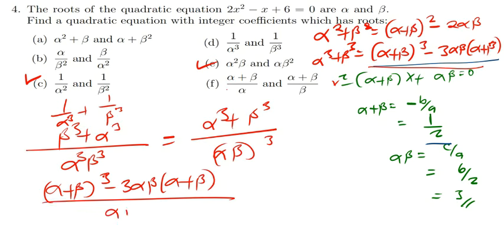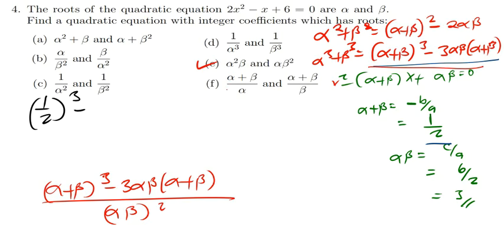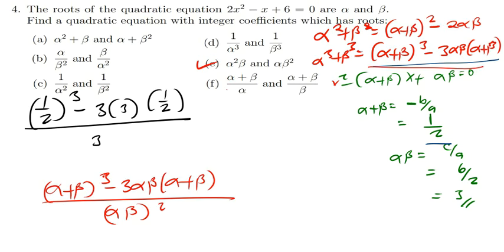Divide it by this. Plug in the values. If we plug in the values, we end up having alpha plus beta is 1 over 2, to the power 3, minus 3 alpha times beta times alpha plus beta, that is 1 over 2. So this is 3, but raised to the power 3.